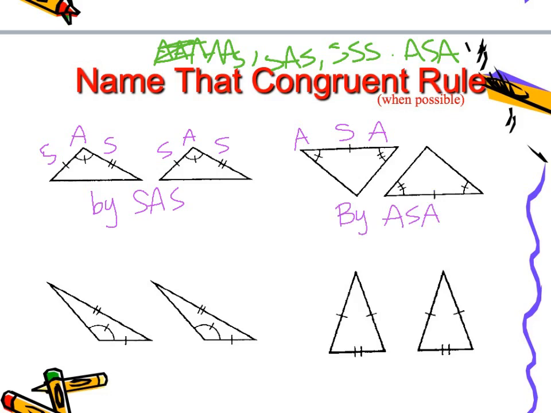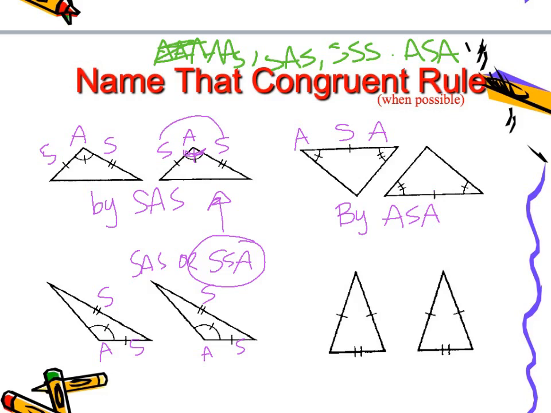Okay, now the one on the bottom left here, let's look at this one. So we have an S, an S, and an A. SSA. So is this SAS or is it SSA? It's SSA because up here at this example, see how you have the included angle right between the two legs?